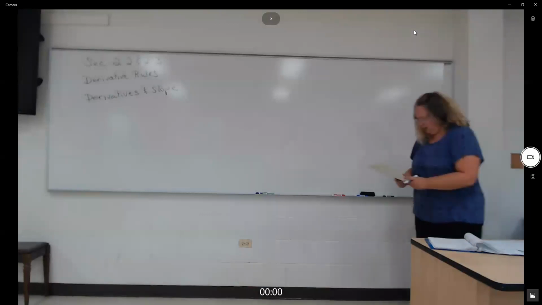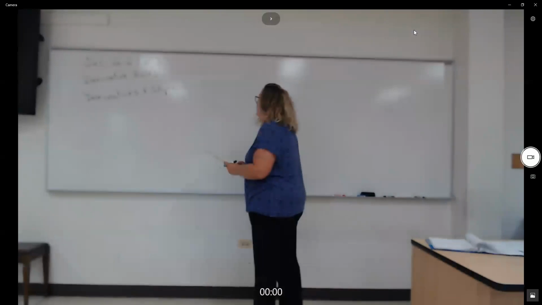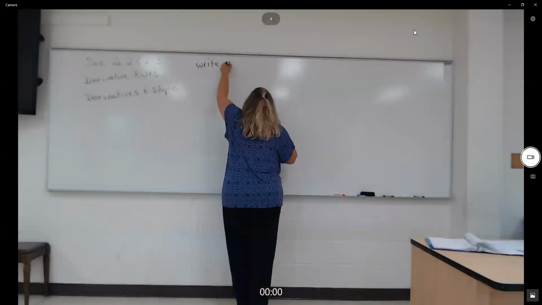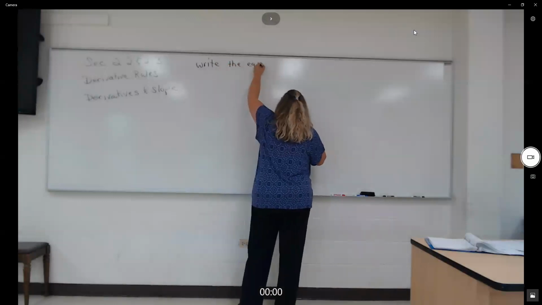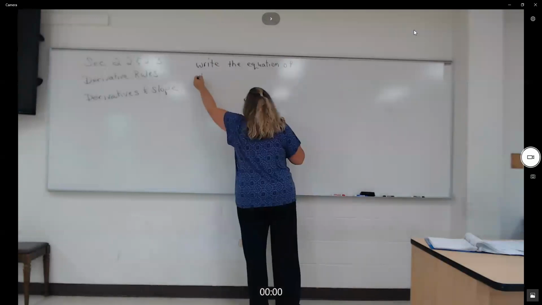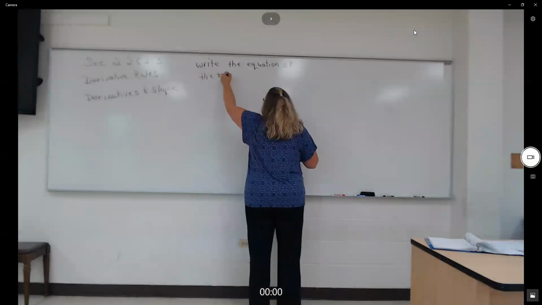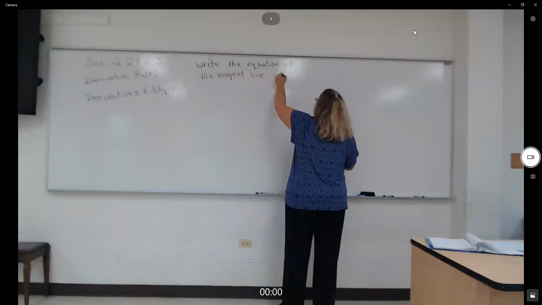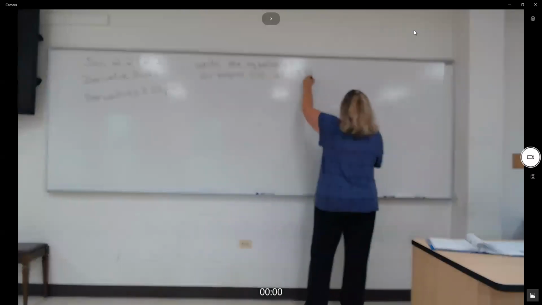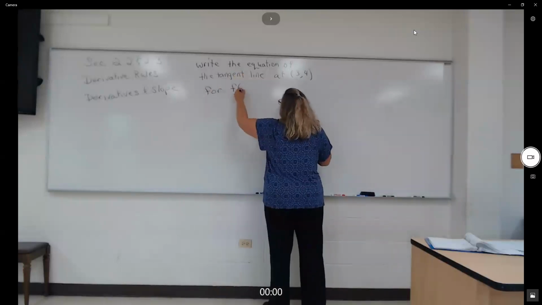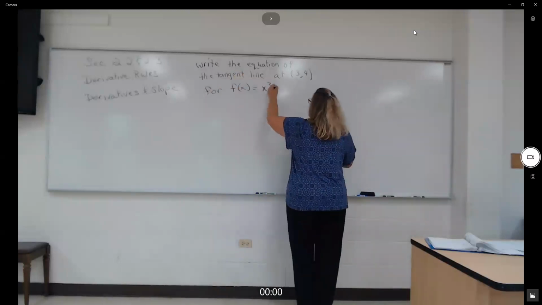All right, so let's take a look at this problem. The equation of the tangent line at 3, 4 for f of x equals x squared minus 5.